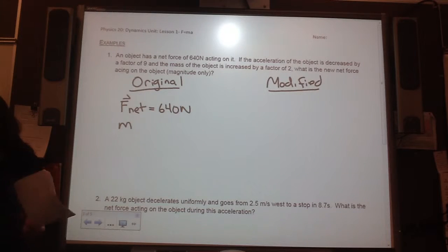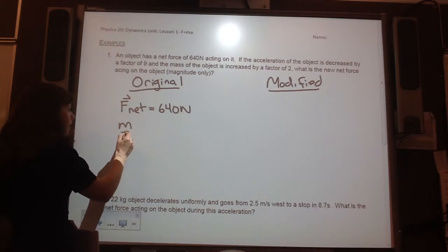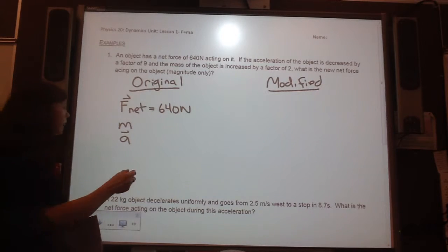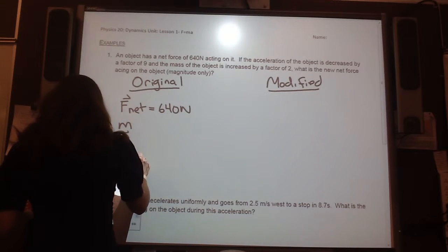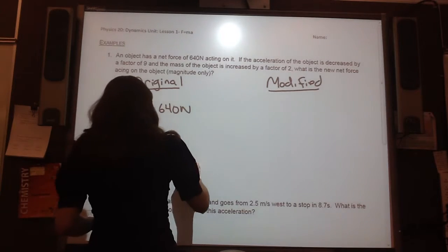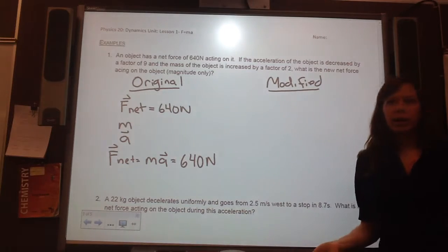I can't say m equals 10 kilograms or anything. It must have an acceleration a, I don't know what it is. Put together in a formula, F net equals m times a, which equals 640 newtons. That's all I know right now.